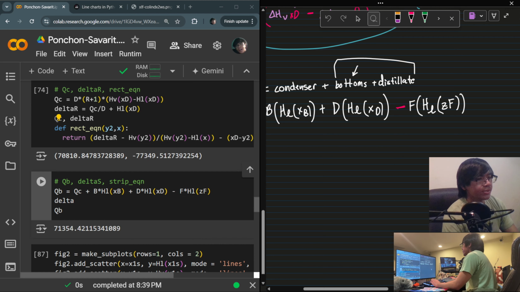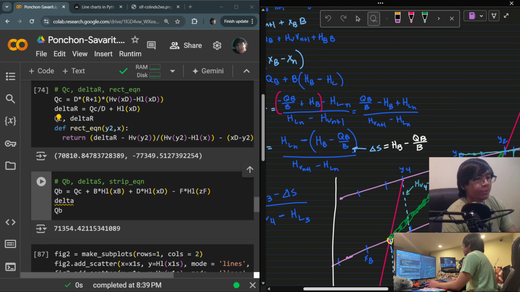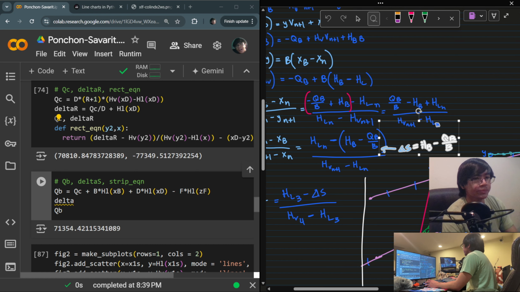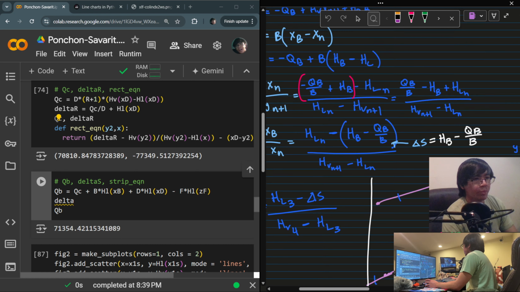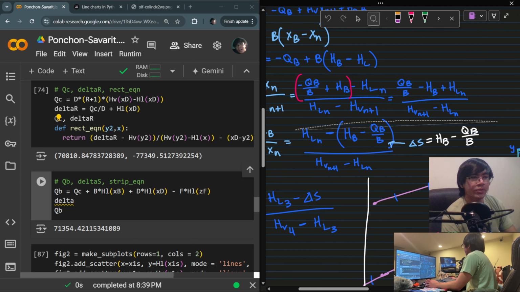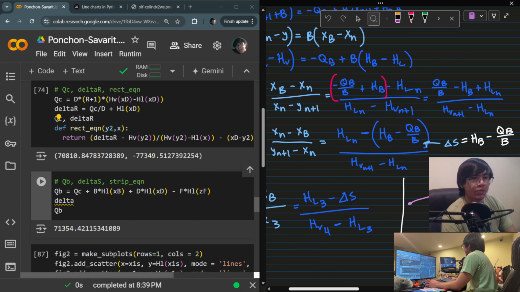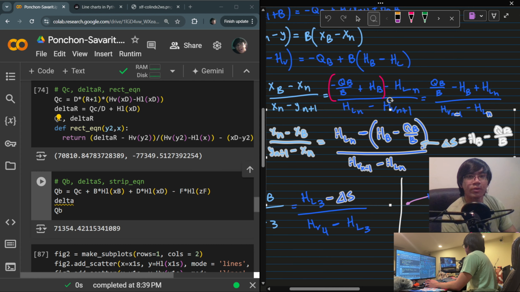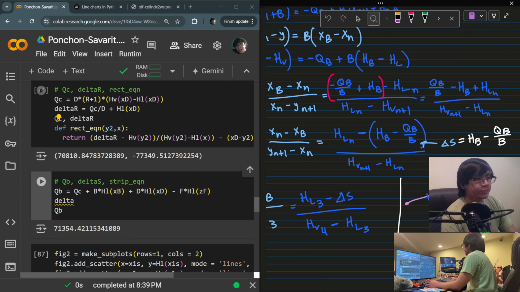And delta S comes from, I think I put it here. There, awesome. Remember, we negated everything since the differences would have negatives on top in our original expressions here. So we use this expression, or these sets of equations, for our stripping section.